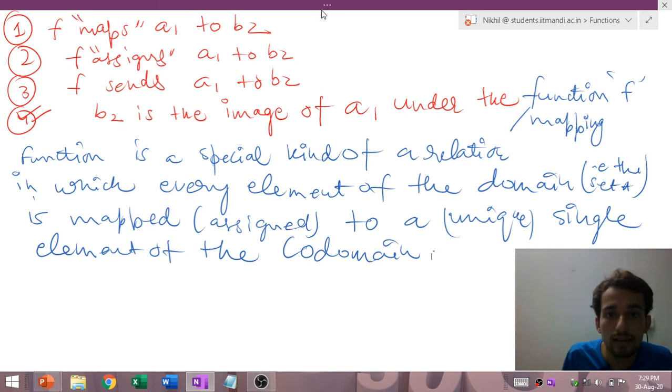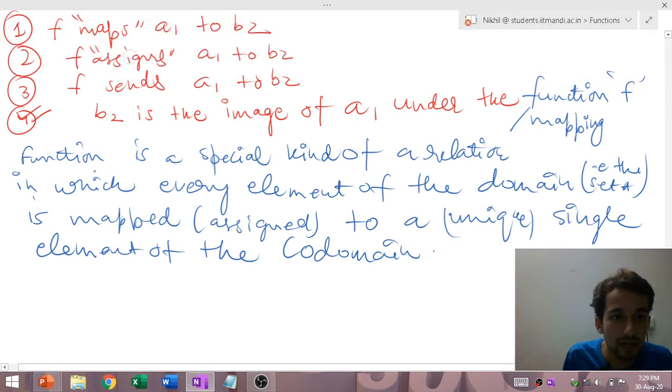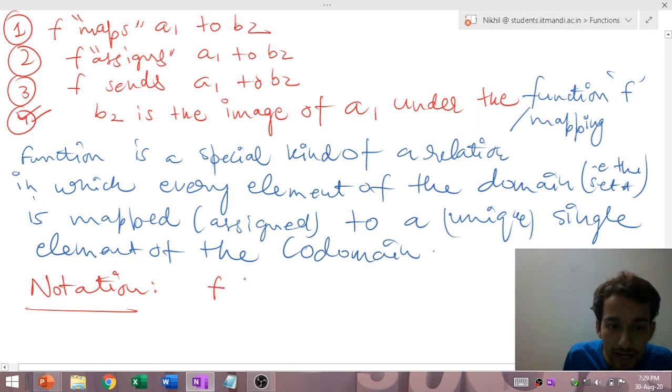If I write it again to give you more clarity in terms of notation, you can write that small f is a function. For a function you write f colon from the set A to the set B. You can use some different symbols like small g.